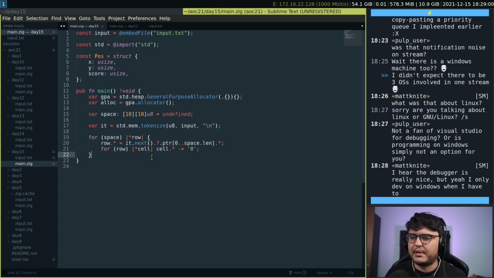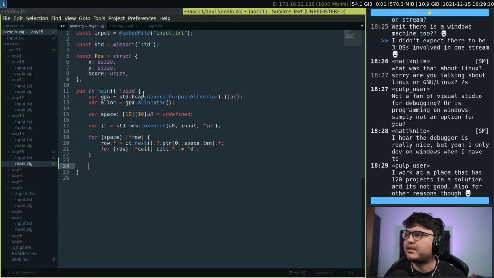I'll take the command line experience of GDB for debugging, minus the jank, over the honestly better debugging experience of Visual Studio, but with all the jank. Plus Windows, I hate Windows for programming. The terminal is so bad. 120 projects in a solution, oh god. Yeah, it's a disaster. I don't want to touch that stuff anymore, ever again.